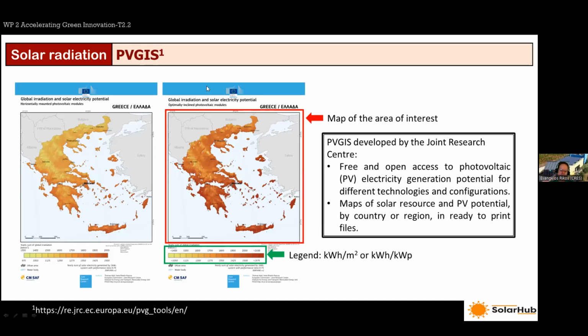So for example, I have chosen the case of Greece here. You see that there is a radiation level that would produce for an optimally inclined surface a substantial amount of energy, over 1,500 kilowatt hours per kilowatt peak per year.